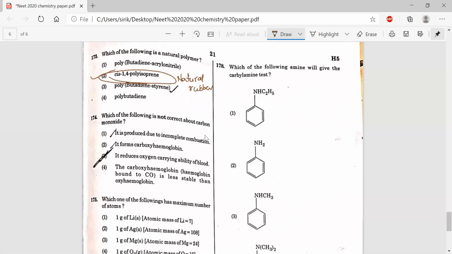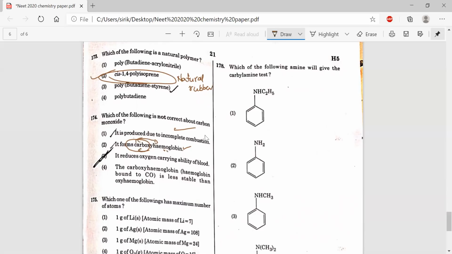And which of the following is not correct about carbon monoxide? It is produced during incomplete combustion, is correct, and it forms carboxyhemoglobin. Yes, when we inhale carbon monoxide, it combines with the blood and forms carboxyhemoglobin.